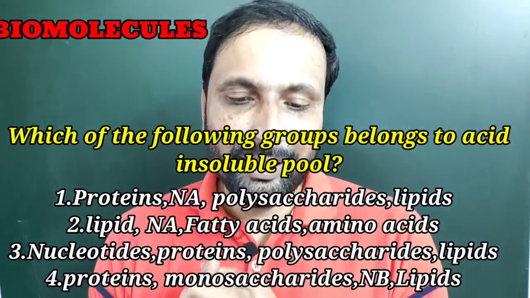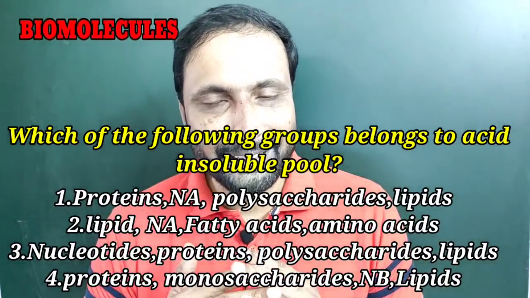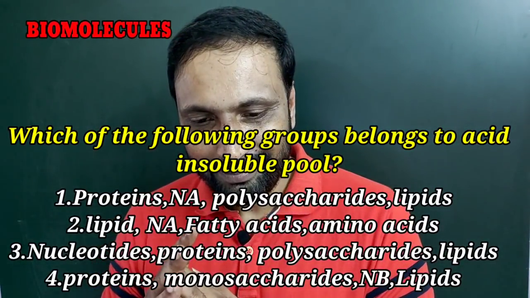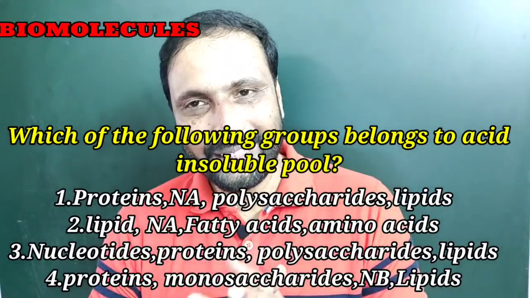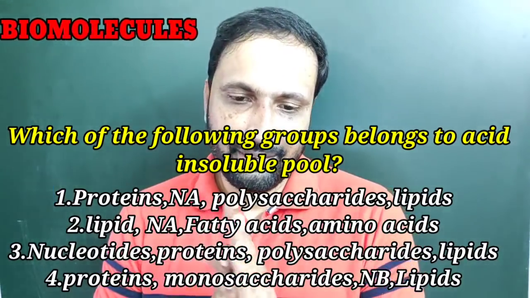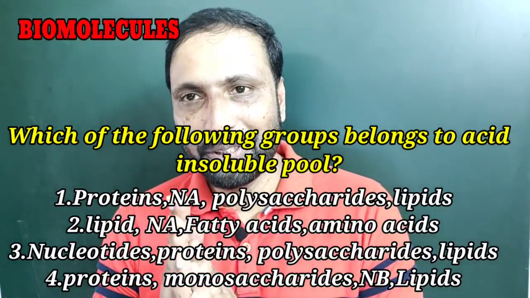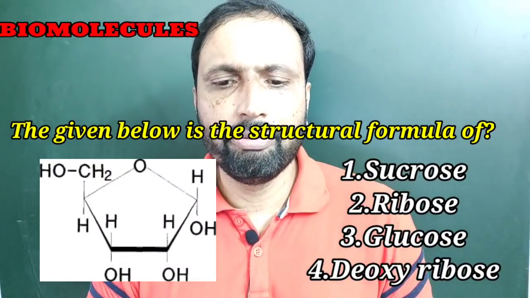Fatty acids and amino acids are micromolecules. Third option, nucleotides, proteins, polysaccharides, lipids. Nucleotides are micromolecules. Proteins, monosaccharides, nitrogen bases, lipids. Monosaccharides and nitrogen bases are micromolecules. So first option.